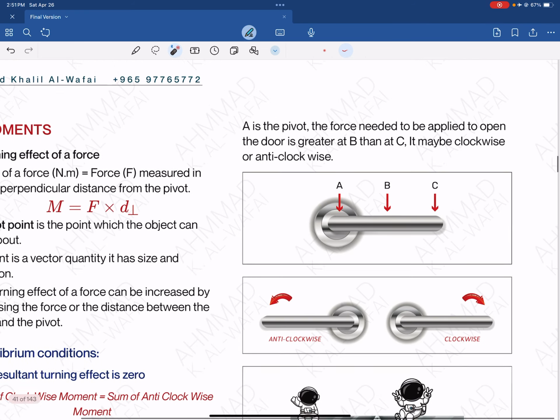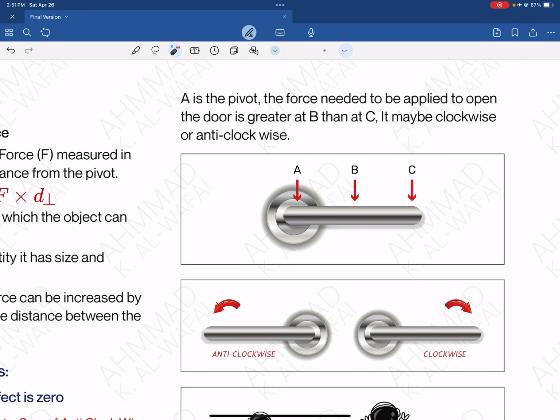Now let's see different examples. We said moment is equal to force times distance. So as you can see, the moment increases with force and increases with distance. In these cases, you've got A, B, and C, right? At A, as we said, this is minimum, there's no moment because the distance to the pivot is zero.